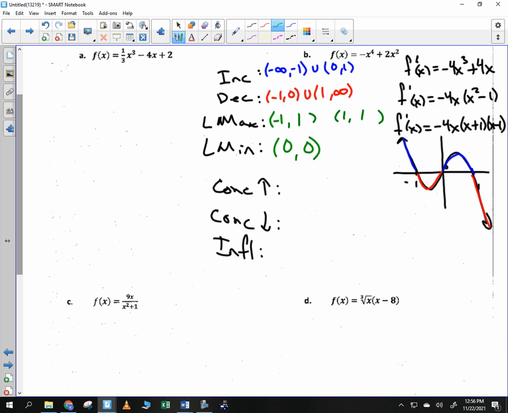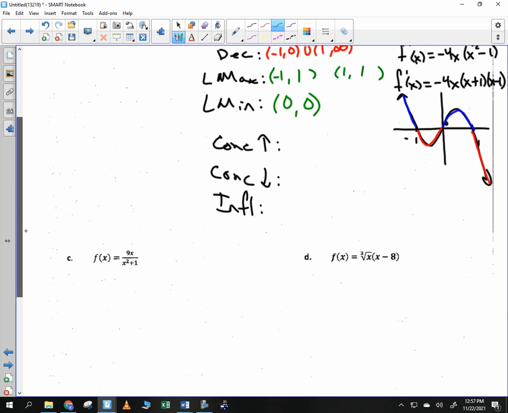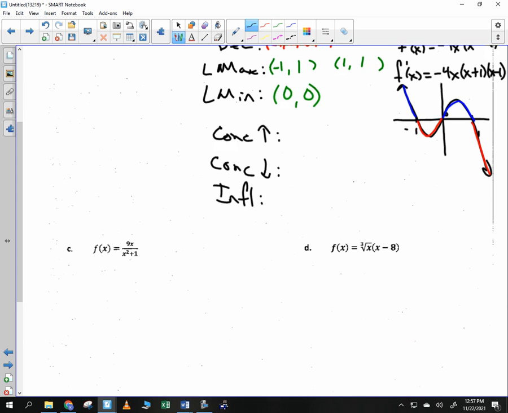All right, in order to determine these other three, what do I have yet to do? Take the second derivative, correct? So let's take that second derivative. Can somebody tell me what the second derivative is, as I can't see it now?